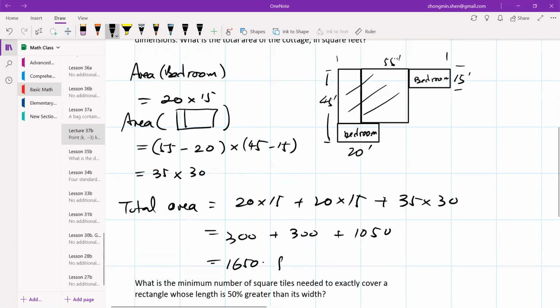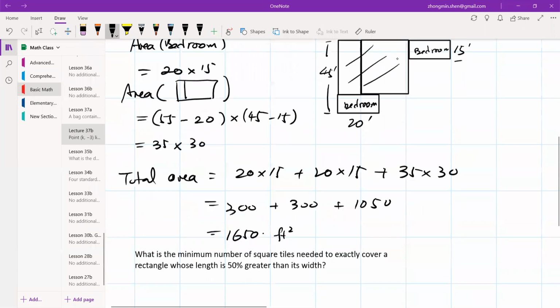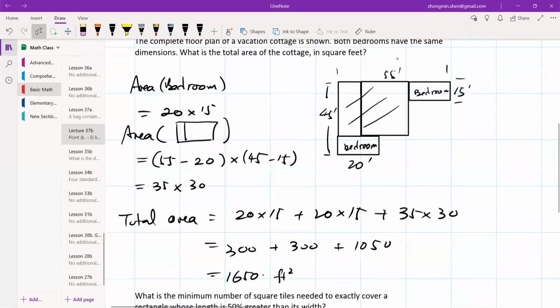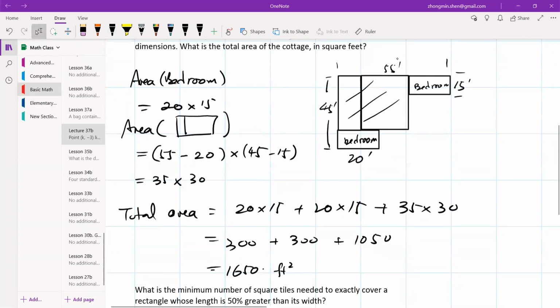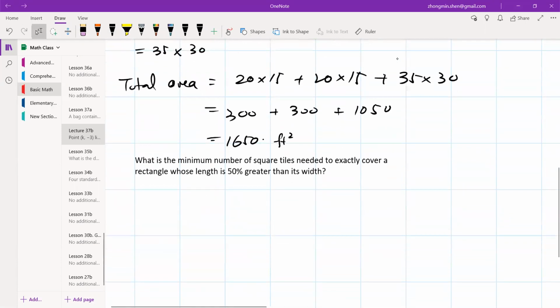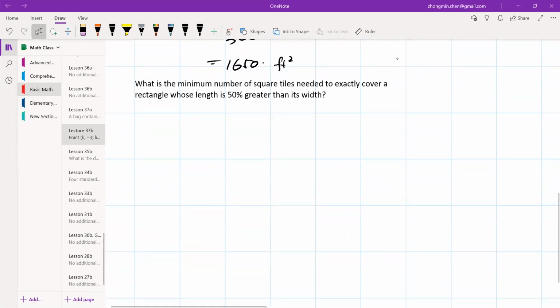Okay, and don't forget to put square feet there. Okay, that's the total area of the whole cottage. All right, so the next problem is a little bit confusing.